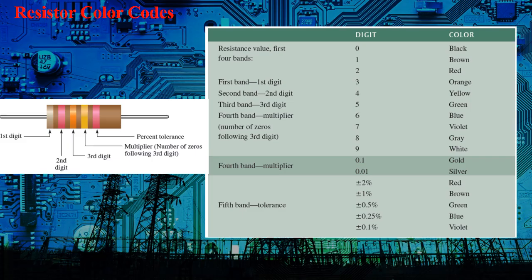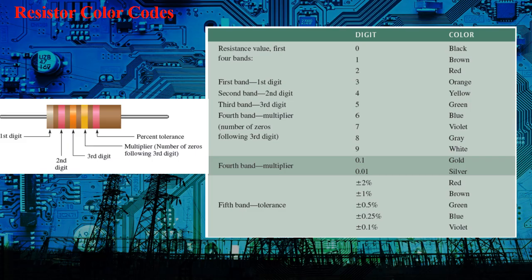Why 4? Because yellow is 4, so the multiplier is 10 raised to 4, or 4 zeros. And then the tolerance is red, which is plus or minus 2%. The tolerance is below the table, the green table there. So that's how you use the color codes to work out the value.